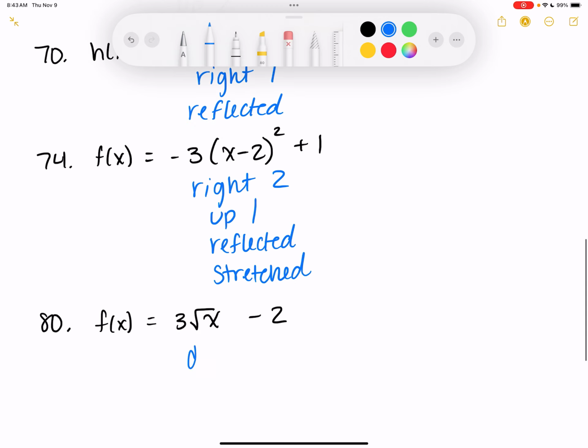Down 2. And what does the 3 out front tell me? Compressed. Is it a fraction? I don't know. Is 3 a fraction? No. So what does it mean? That means it's stretched. Yes, stretched. It's the same number as the one up here.